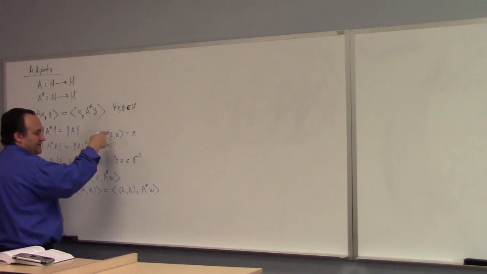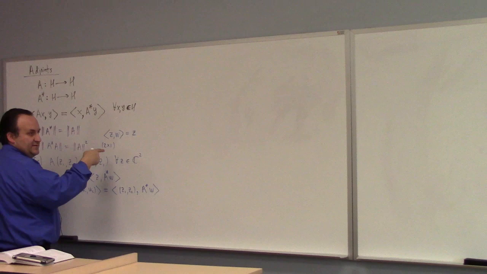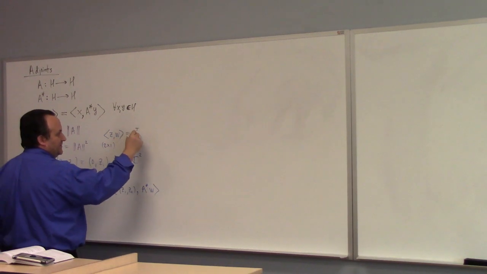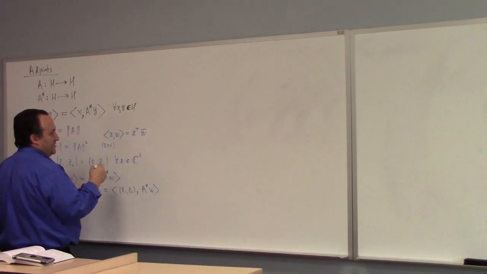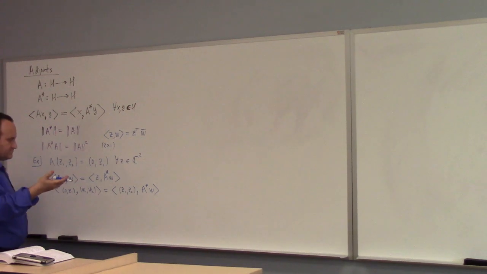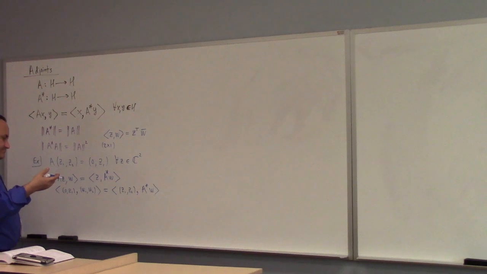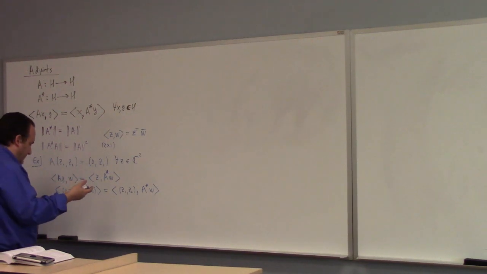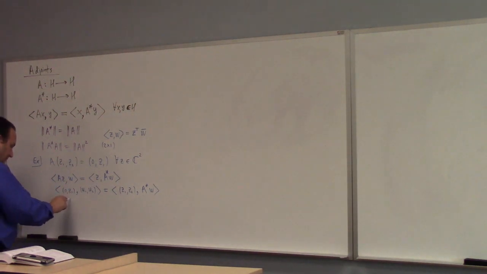Z is a 2 by 1 matrix, so I want Z transpose W conjugate. That's what I was forgetting. That's the formula for the inner product on C2, or really the inner product on Cn.